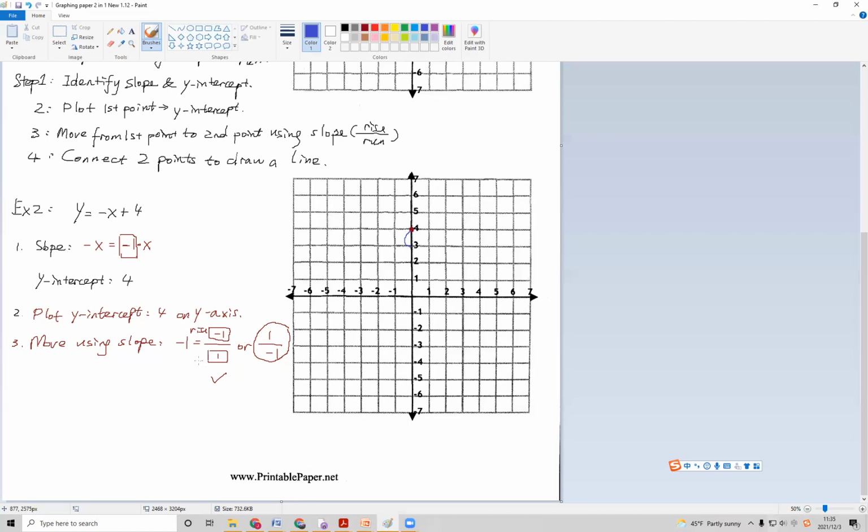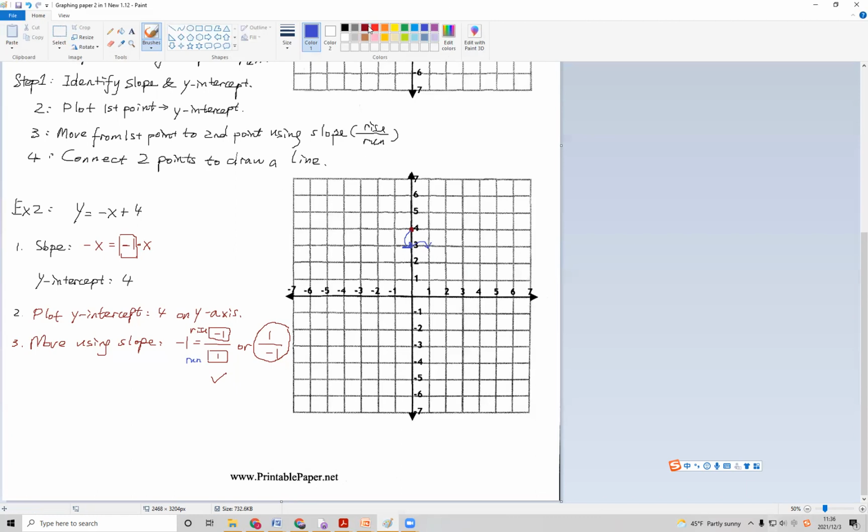My run is positive 1, which means I run to the right 1 unit.